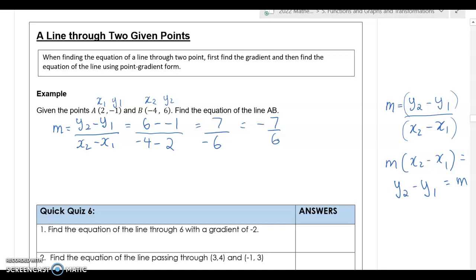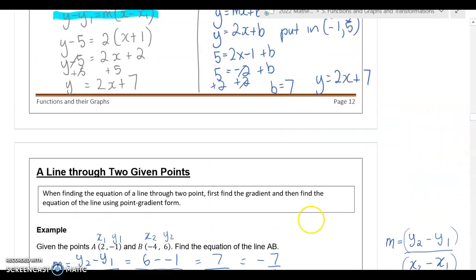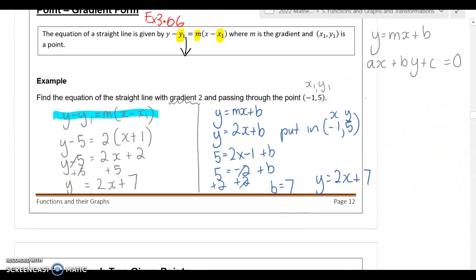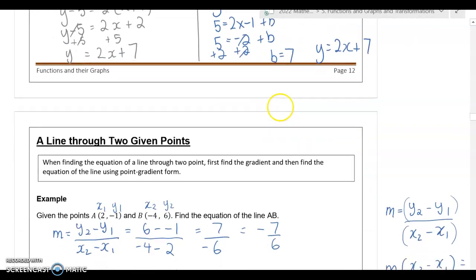Now, a couple of ways we can do it. We can use either of these two formulas to find our equation of the line. We can substitute straight into our point gradient form using one of those points, A or B, or we could pop our gradient into y equals mx plus b, and then use one of those points. So it's basically going to be the same thing anyway.